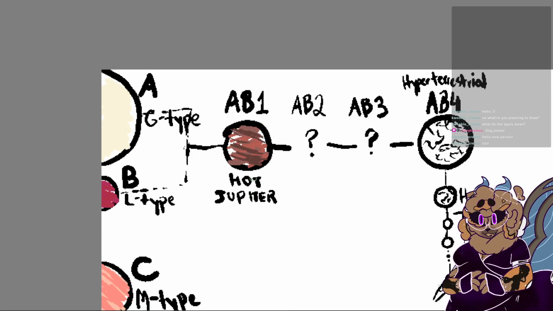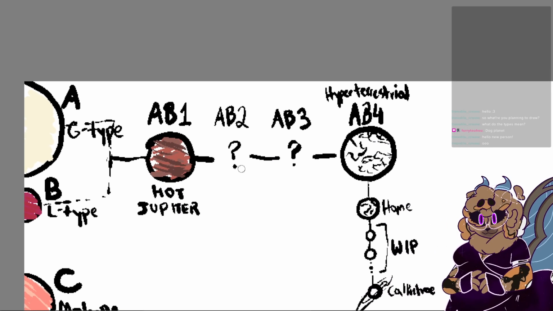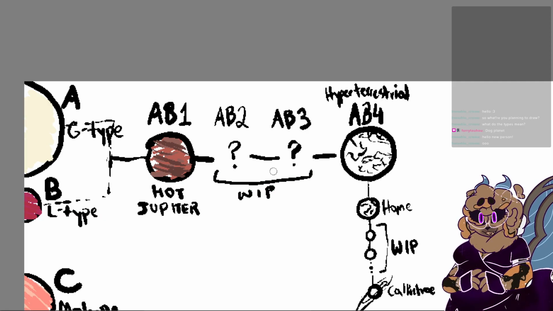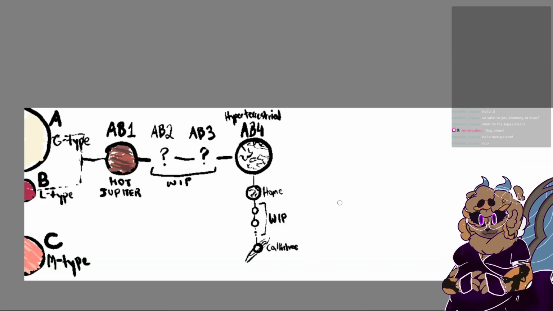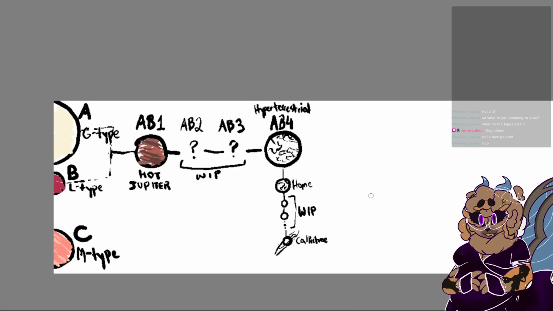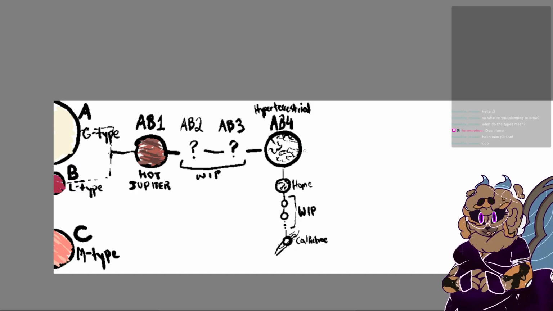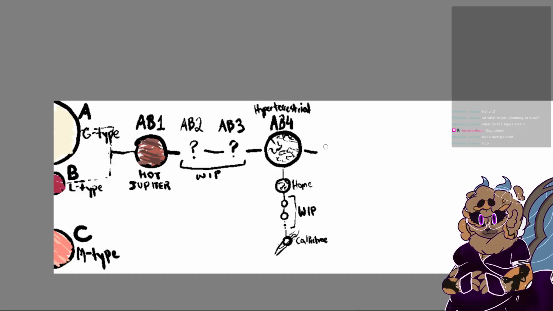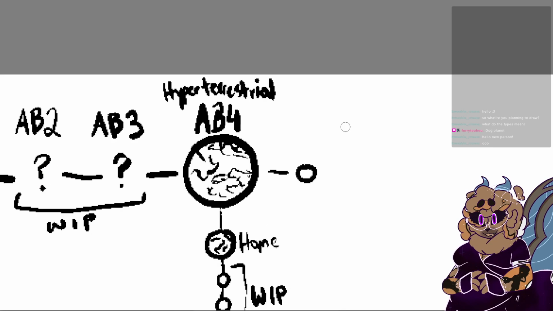So we've got that hot Jupiter as the first planet. I don't know what's going to be going here just yet, so I'm just going to put a WIP underneath that. I think after the hyper-terrestrial, I will probably put a Mars analog type thing, just a little itty-bitty rock.